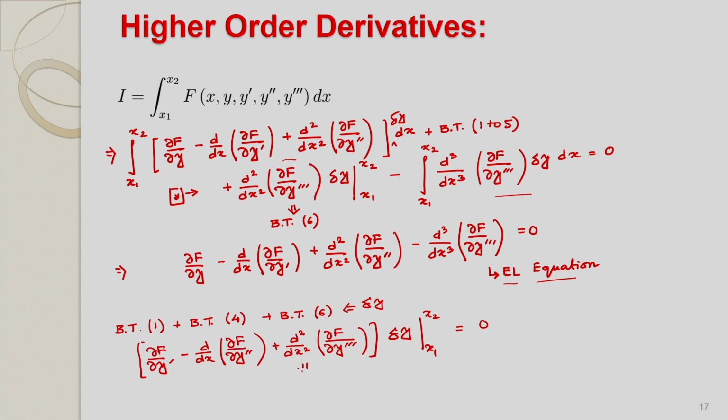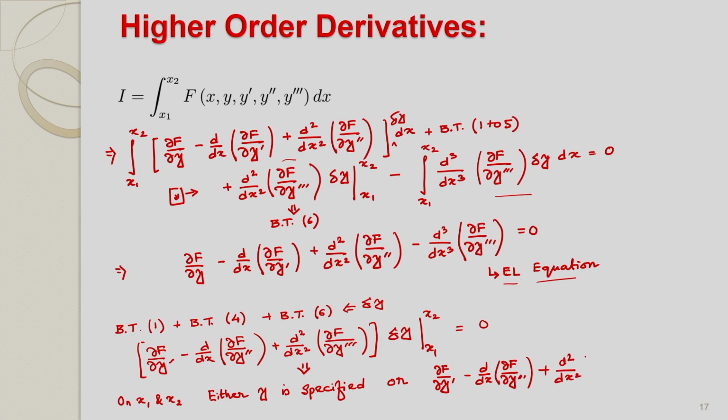So, from these boundary terms we can say that on x1 and x2 either y is specified or this term is given.